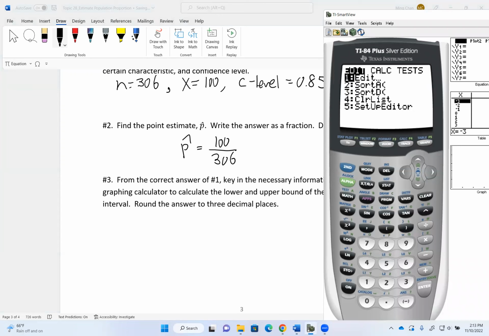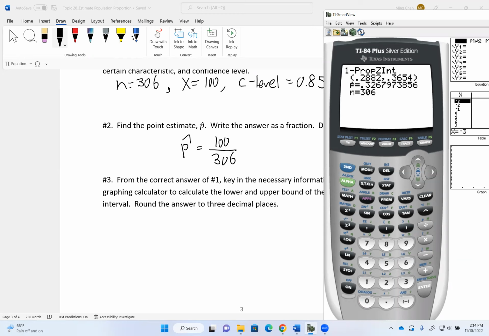Let me take you there. Let's go to stats, tests, go down: Z interval, T interval, 2 sample Z interval, 2 sample, right here, 1 proportion Z interval. In there, you simply type X, which is 100 suspects caught, sample size 306, enter. C level 0.85, confidence level 0.85, enter, calculate.